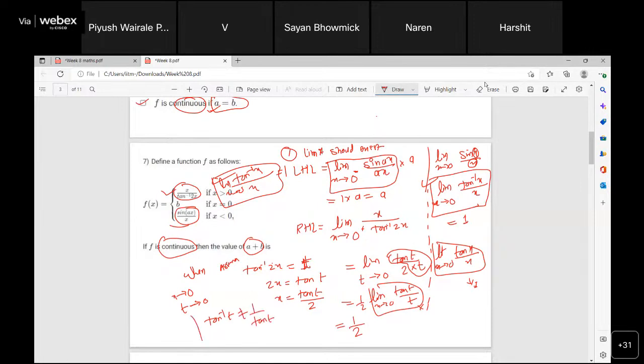This is not correct. It is a different inverse trigonometric function. So tan t equals 2x, and now x equals tan t by 2.